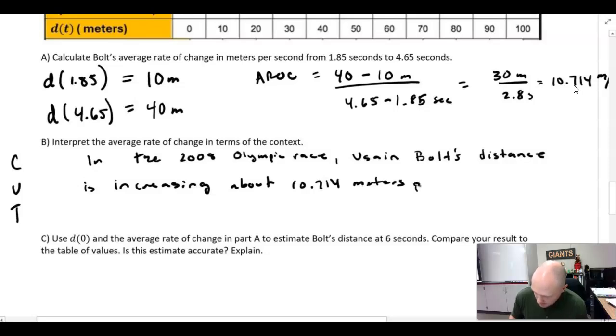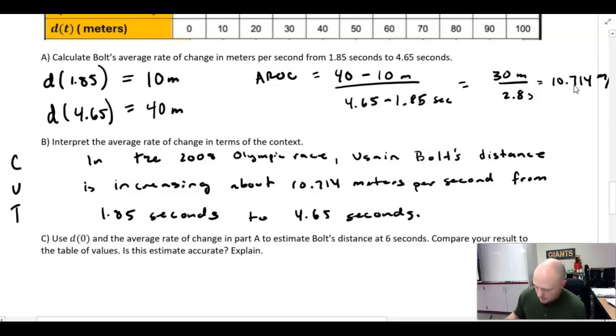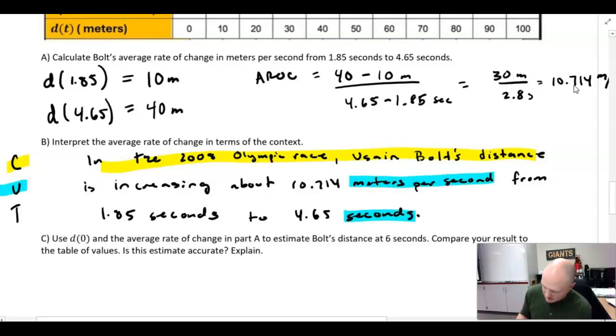So there's the context, Usain Bolt's distance. There's my units, meters per second. From when? From 1.85 seconds to 4.65 seconds. We have our context, our units, and our time.